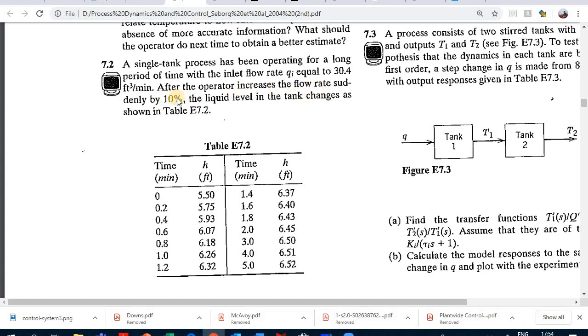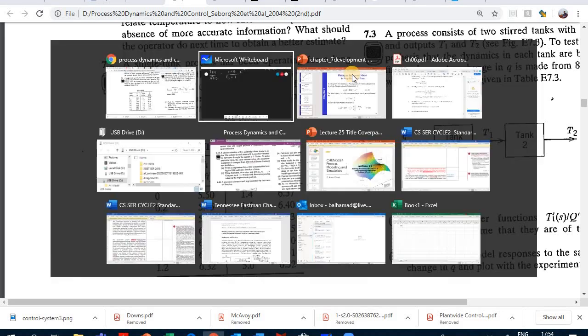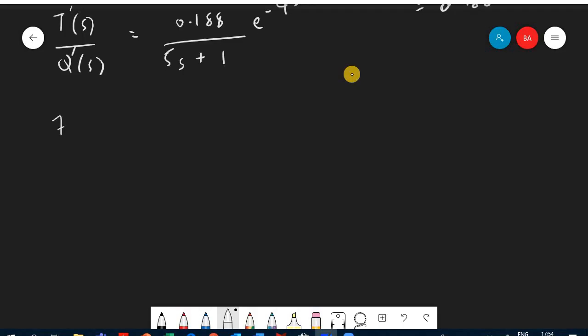That means it increased from 30.4 by 3.04, so it will be 33.44. Let me make sure.